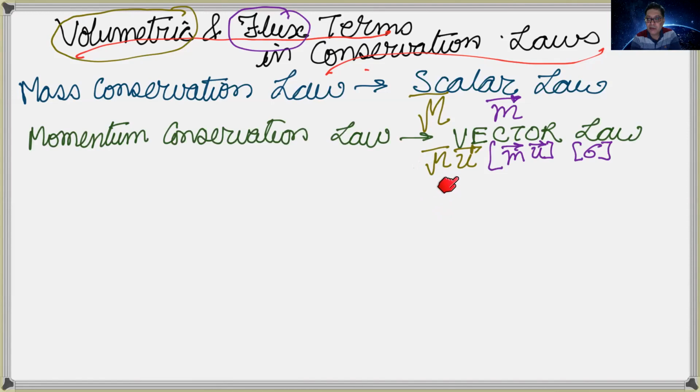This is the volumetric momentum. This is the momentum flux, and this is the stress term, because rate of change of momentum equals force. So for the rate of change of momentum, there are two terms as I mentioned. Rate of change of momentum of the fluid inside the control volume leads you to this volumetric term. Rate of change of momentum flow rate across the surface of the control volume leads you to this second flux, which we call the momentum flux.